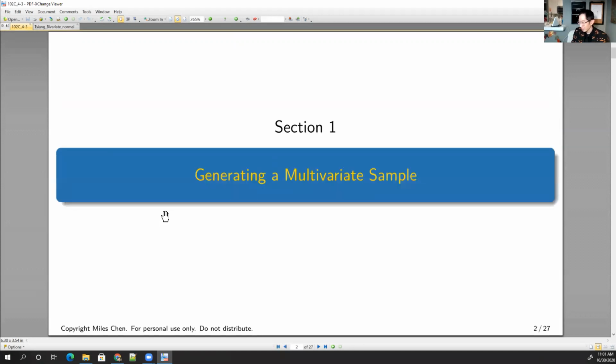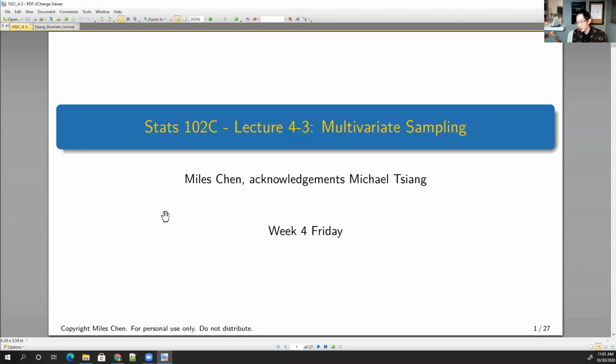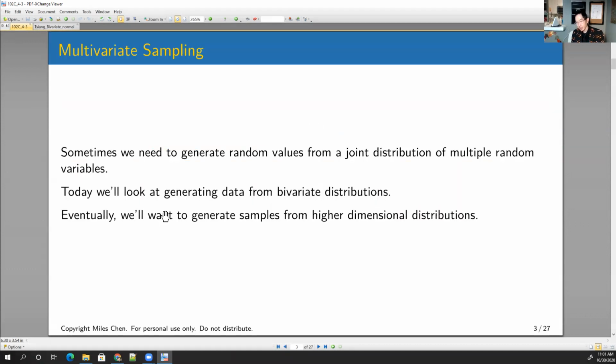Okay, so today we'll talk about multivariate sampling, and this is all about generating samples from more than one variable at a time, right? Everything we've covered so far has been generating samples for univariate distributions. So we have some f of x, and you generate random values from it, right?